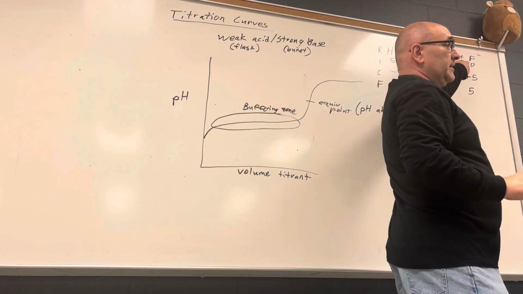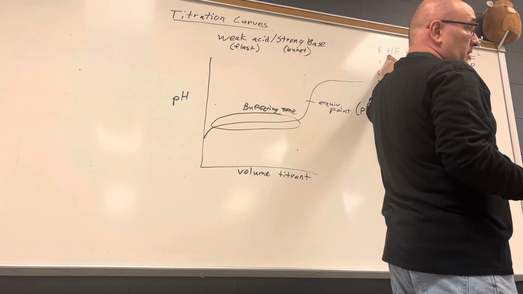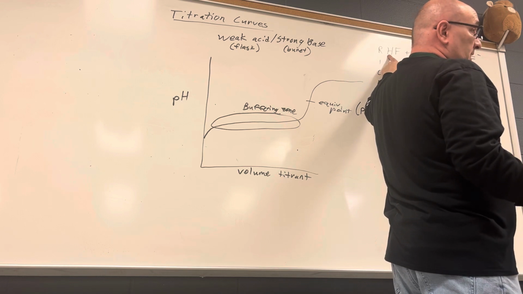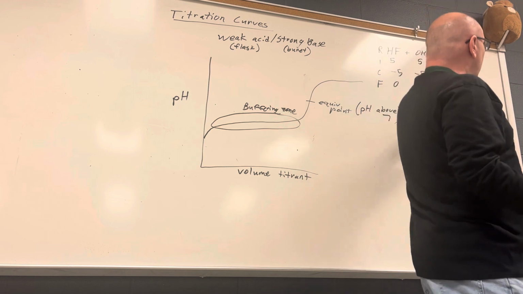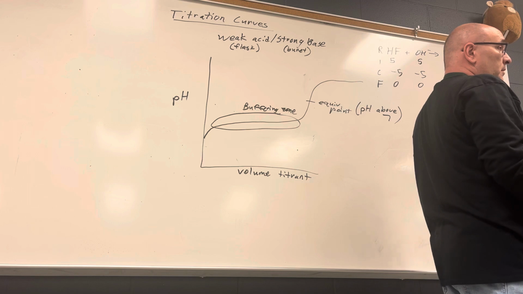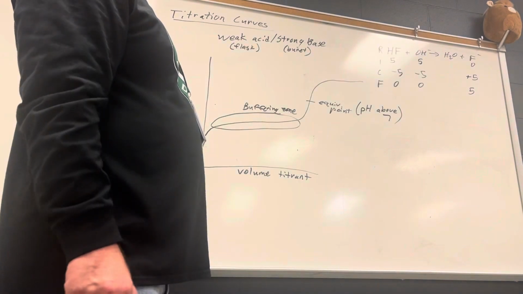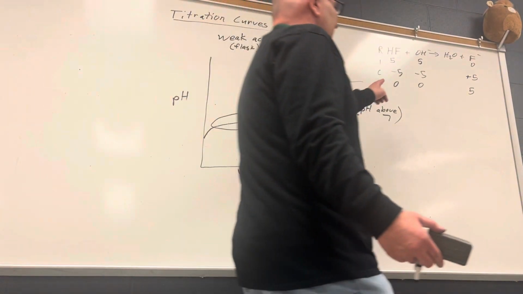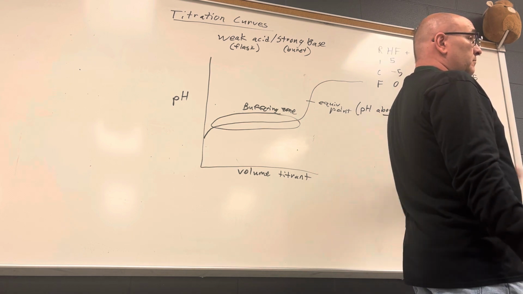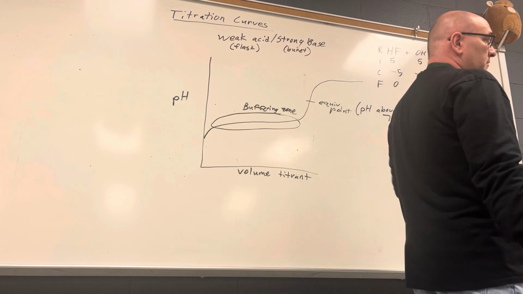We're left with a weak base. F minus is not neutral because it's the conjugate of a weak acid, not the conjugate of a strong acid. Remember, any negative charge is a weak base unless it's the conjugate of a strong acid. So we have a weak base present in water that's going to be pH above 7. Does that make sense? I made up the number; we can take any number. These two are both 0 at the equivalence point, and we're going to have a weak base present. I just gave you a number so you can visualize. Okay, all right?